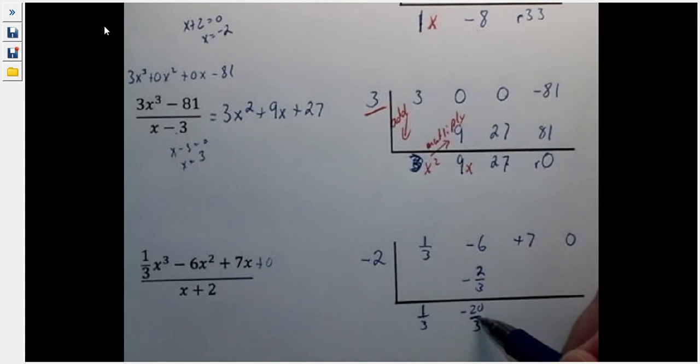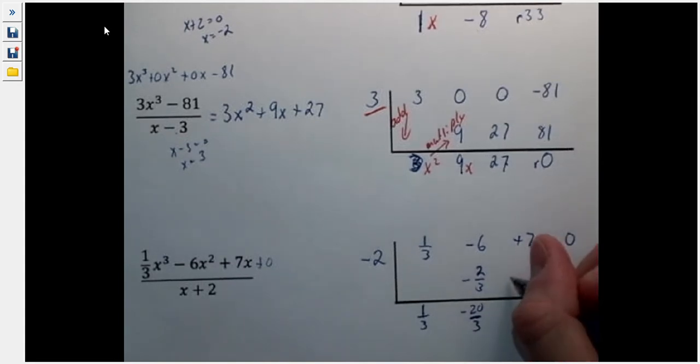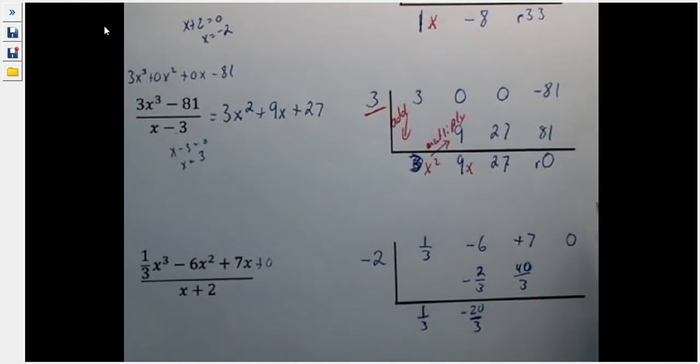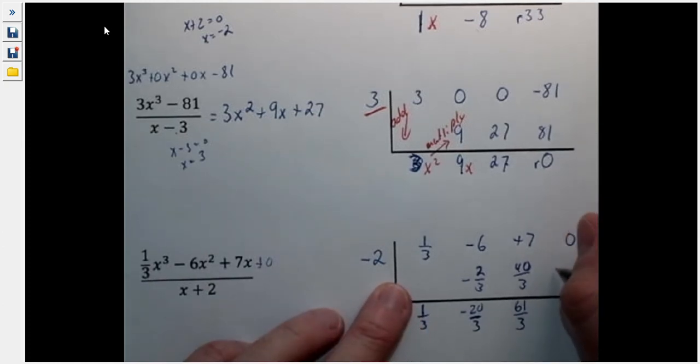Then we multiply by -2, which makes it +40/3. Then you add down. So this is going to be 61/3, because 7 times 3 is 21, 21 plus 40 is 61. Then you multiply by -2 and you get -122/3, and then you add down.